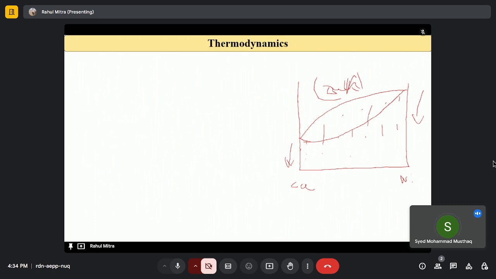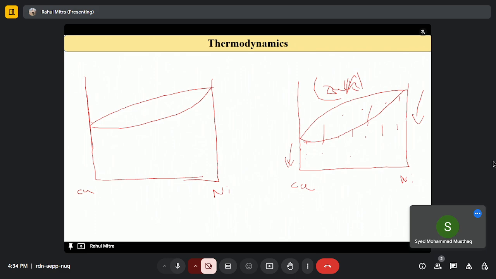So let's say if I try to draw this, this is copper, sorry, this is copper, this is nickel, and this is my bulk. What happens if I decrease the size of the nanoparticle?